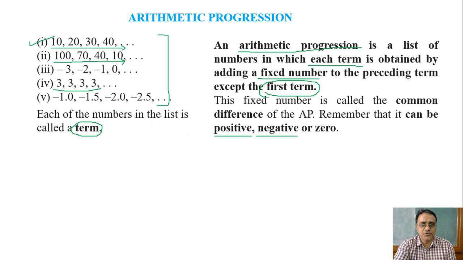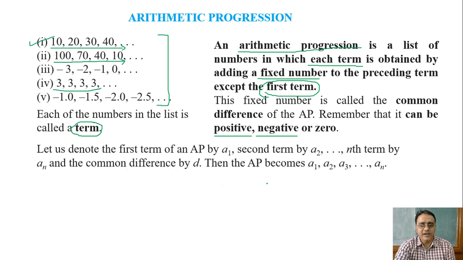Okay. So usually we will denote every number by A1, A2, A3, A4 like that. Suppose we denote the first term by A1 and the second term by A2 and so on up to the nth term by AN, and the common difference by D. So the AP becomes A1, A2, A3, so on up to AN.